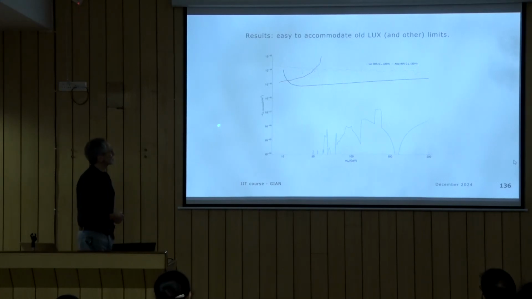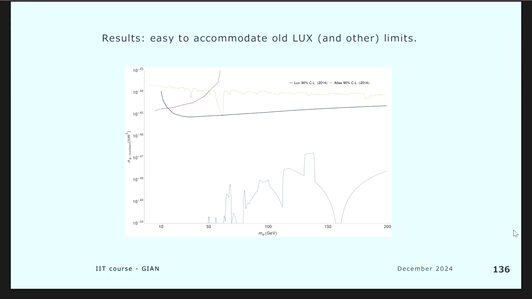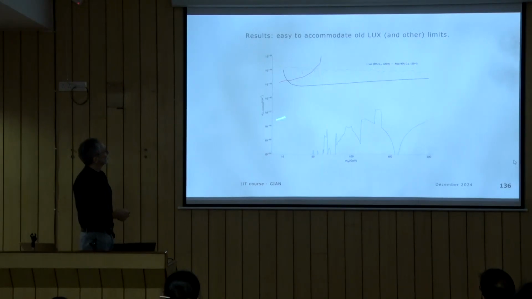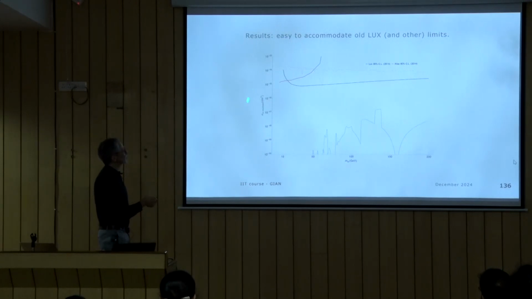And the results are very simple. These are the limits. It's a little bit old, as you see, 10 years old. So this has come down to around here. But for these various predictions, this is the cross-section. You can't read this. This is the direct detection cross-section predicted by the model.